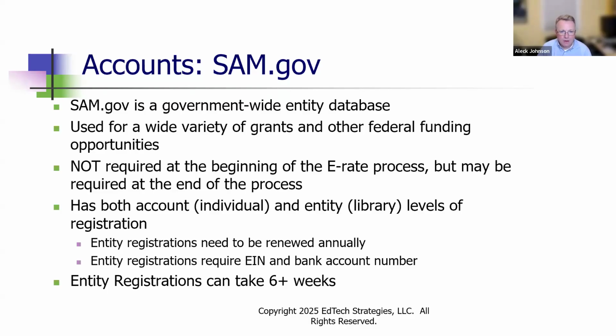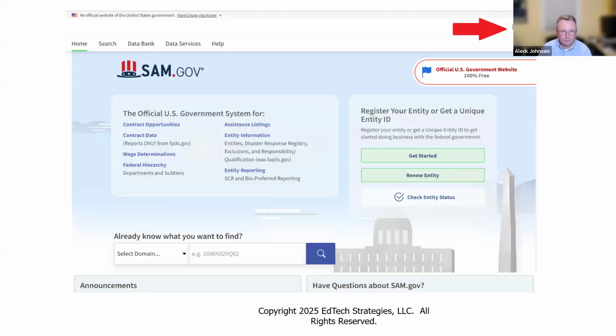To create an account on SAM.gov, again, they don't have a training site that we can use, but I've captured a bunch of screenshots and I'll walk you through the process. First, you go to, as you may have guessed, sam.gov in a web browser.